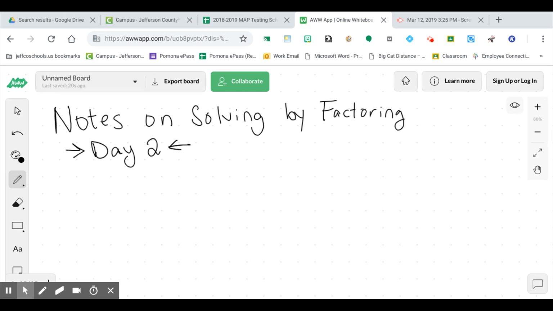So we talked about solving by factoring, and just as a reminder, go ahead and set up your notes like this. Your steps, whenever you're trying to solve a problem like this. The first thing that you should always do is make sure the equation is set equal to 0.